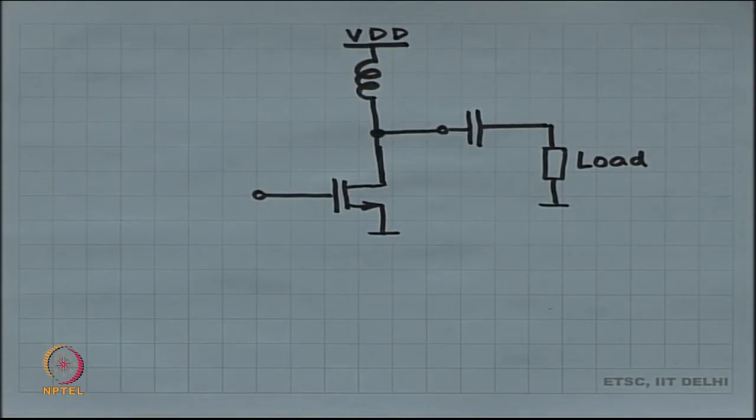Let us choose this inductor value to be so large, the inductor is so big that for all DC signals it is a short circuit.